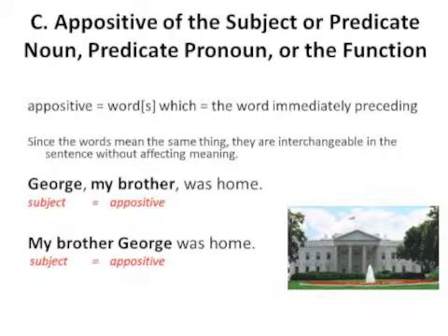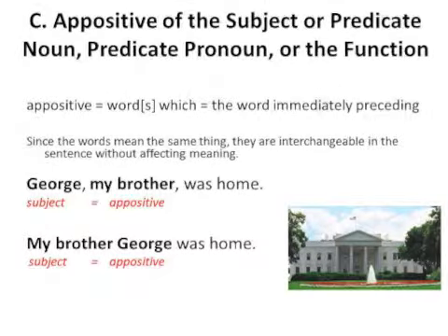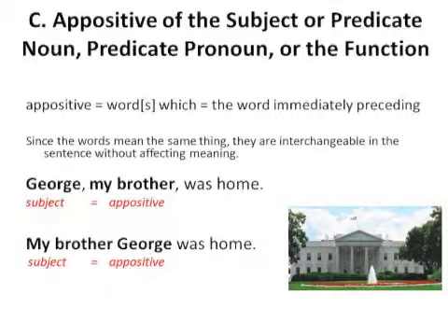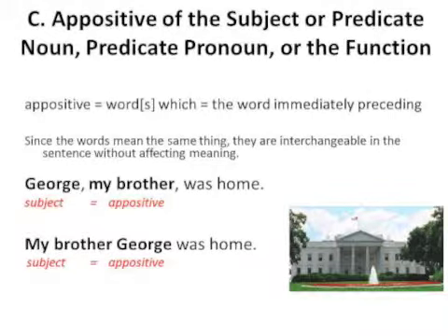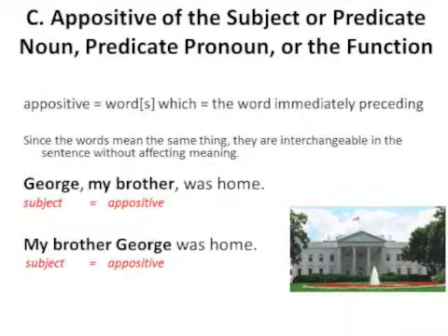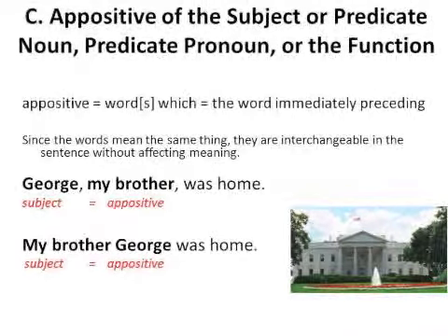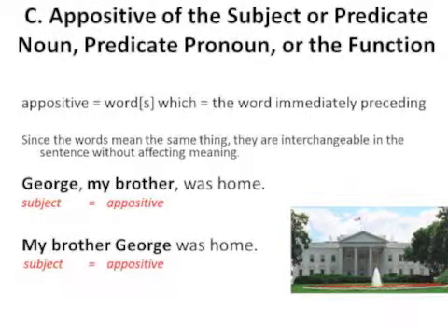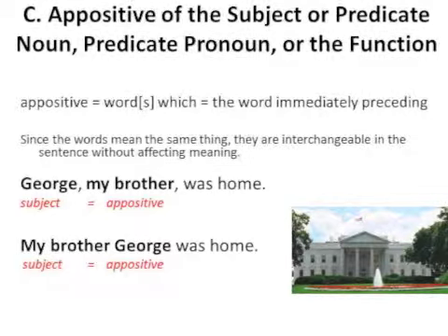We can flip them and say my brother George was home without hurting the meaning. However, when you flip the words from one position to the other, you change what they're called. In the first sentence, George is the subject. In the second, it's an appositive, and vice versa.